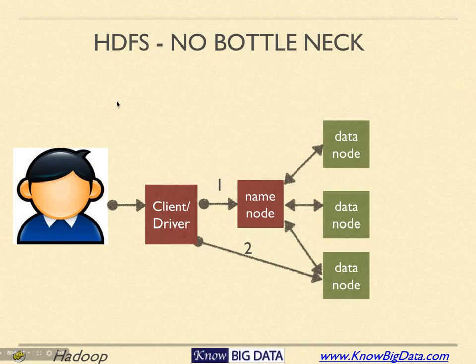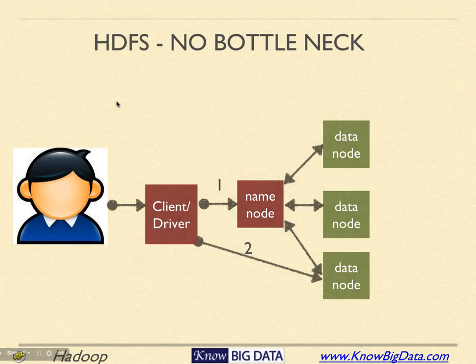Similarly, let's say the user is trying to write a 1 GB file. The user tells the client driver to store this file on HDFS. The driver takes the file, splits it into blocks, and tells the name node that it wants to store this file. The name node says to store the blocks on the data nodes, and gives the list of data nodes where you can store them. And once you are done with the storage, please let me know. This way, the name node has avoided becoming the bottleneck.